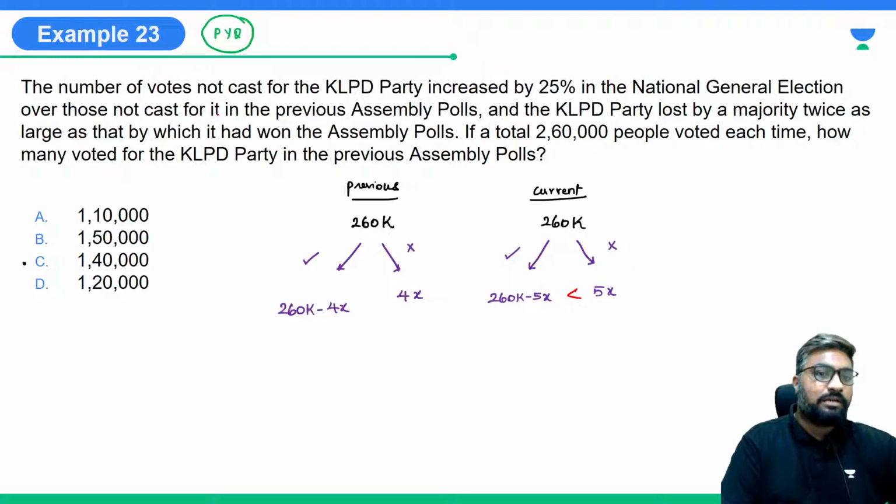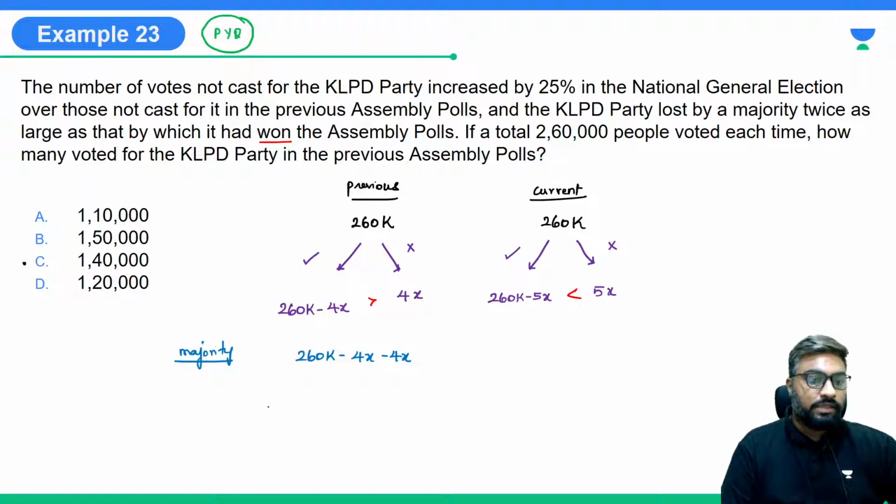And in the past they had won. That means number of people who voted will be greater. Yes. So here, what is the majority? Majority by which they won or lost. In this, it will be what? 260k minus 4x minus 4x. Correct? This is the majority, the difference in both.